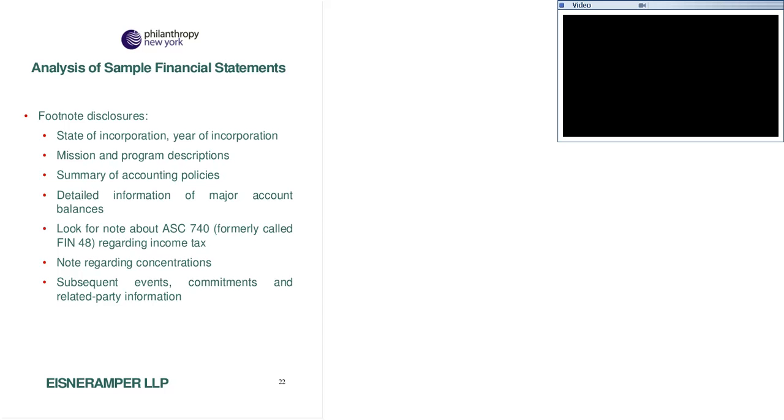If the date on the report, let's say you have a 12/31/2011 year end, and your financials didn't get issued until November of 2012, I wonder why. I wonder what held up the report that it took that long for the financial statements to get issued, right? Was it a disagreement between the accountants and management and it took that long to resolve?